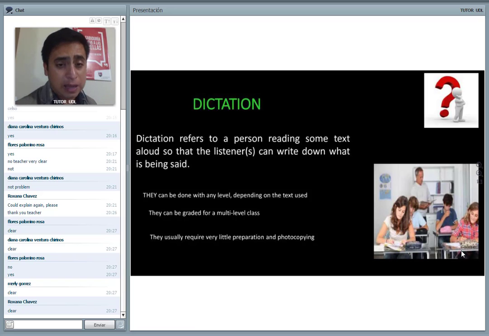But remember that dictation also helps students improve their listening skills, because they need to listen carefully to what the teacher is saying in order to write it on the paper. So if you use dictation in class, you can improve your listening, reading, and writing skills. Okay?